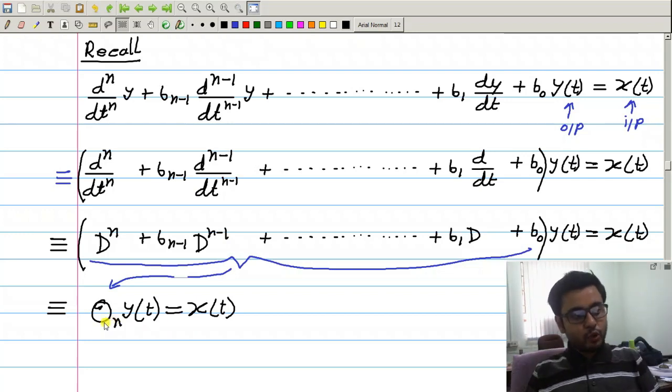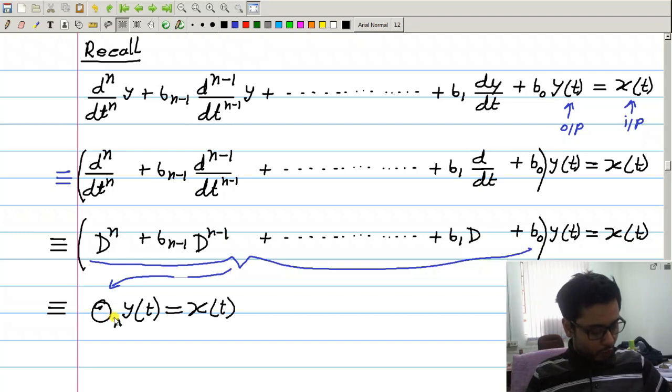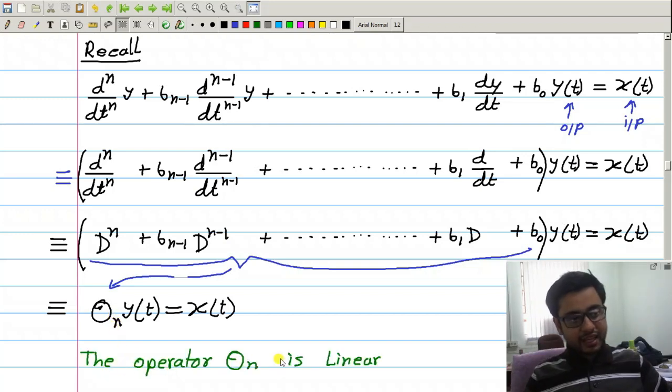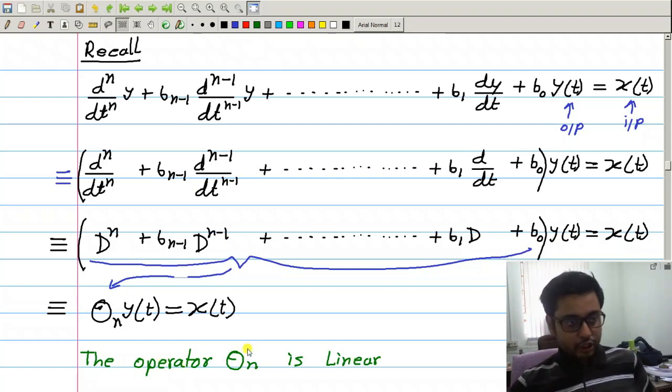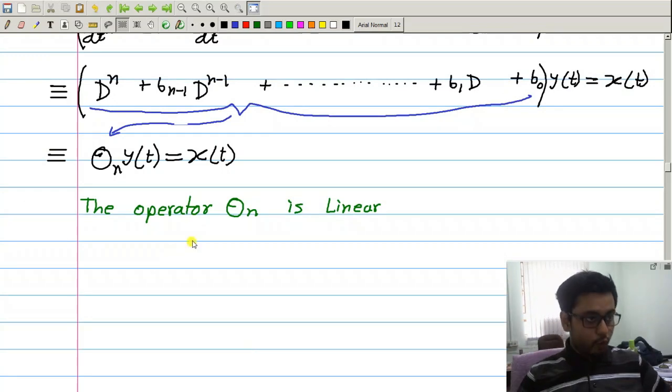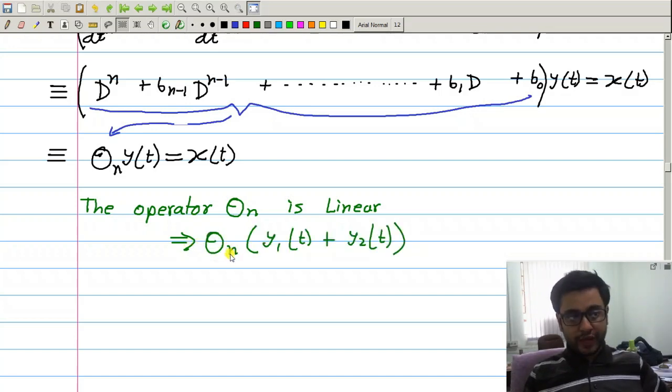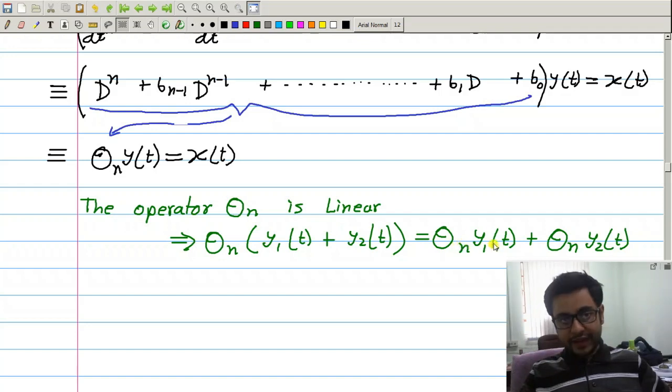Now please note that this operator O_N is a linear operator. That means this operator obeys the principle of superposition. So I can write this operator O_N acting on the sum of y1 plus y2 is the same as operator O_N acting on y1 plus operator O_N acting on y2 separately.